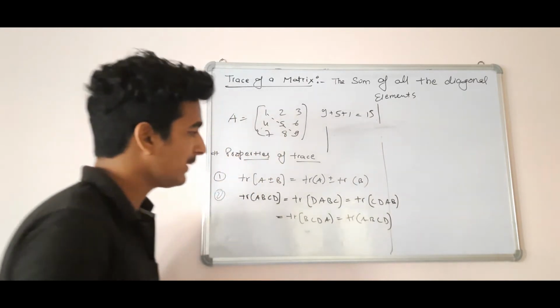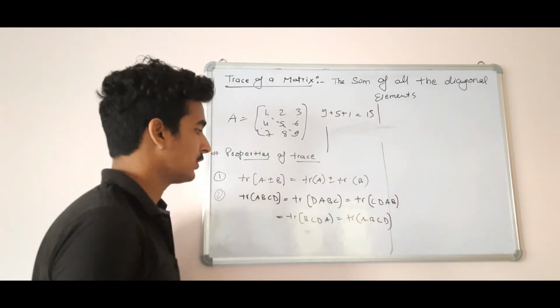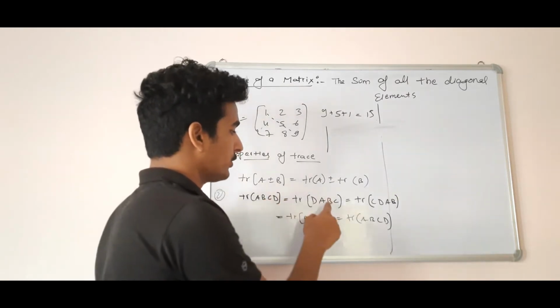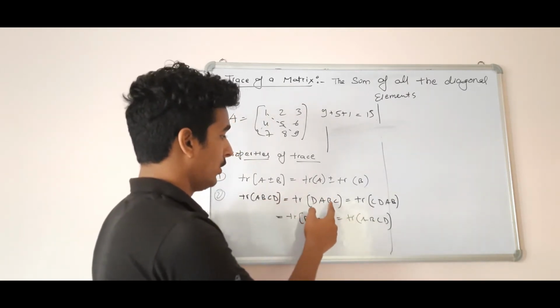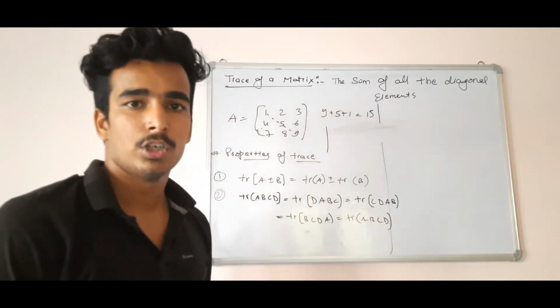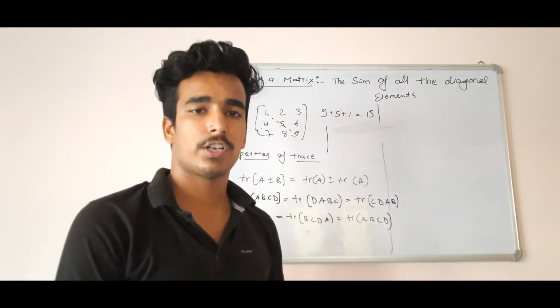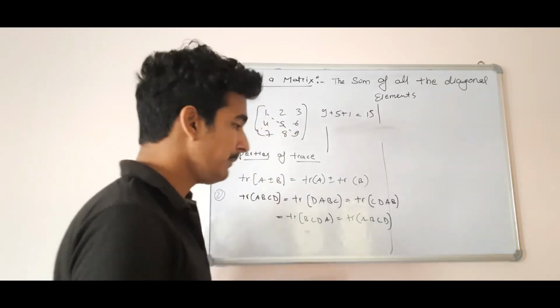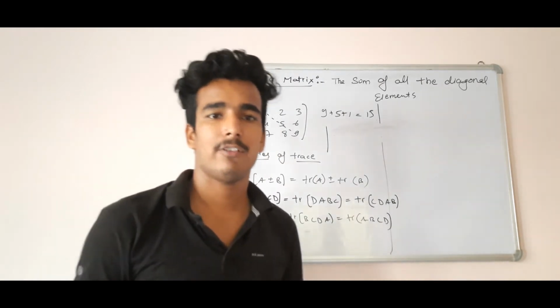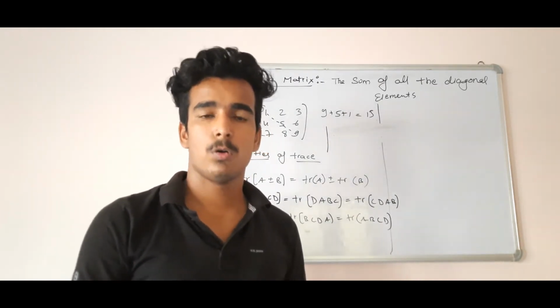If you pick C, there is also a rotation of C. From 3rd it goes to 4th, then first, then second, then third again. So this is basically the rotation. It is a very important property of trace. There was also a question in TIFR that came from this.